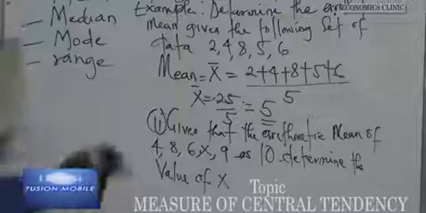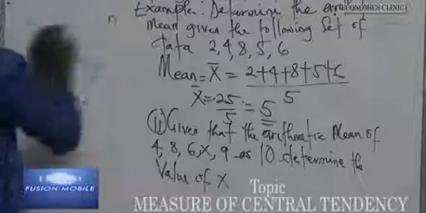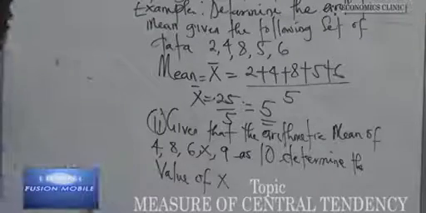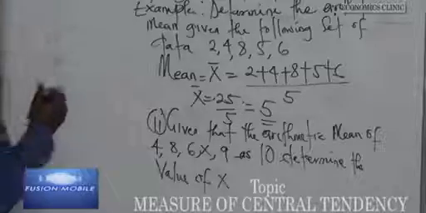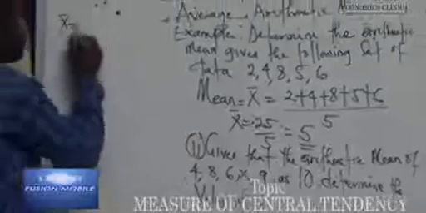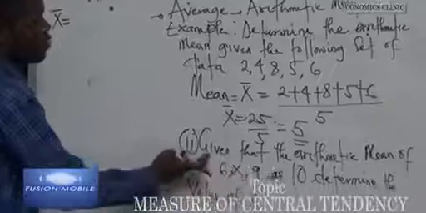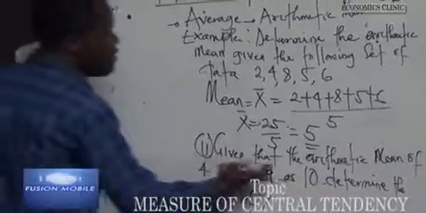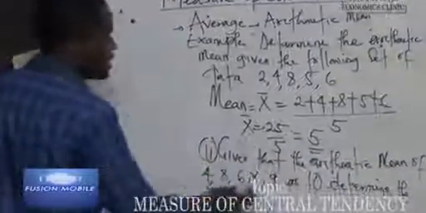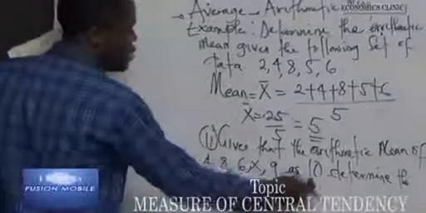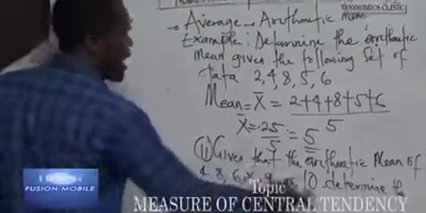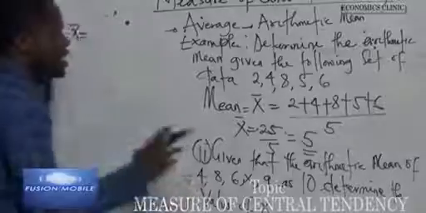So in solving this, we have mean equals, because according to the question, the arithmetic mean of this set of distribution is 10. So mean here has been given to be 10.